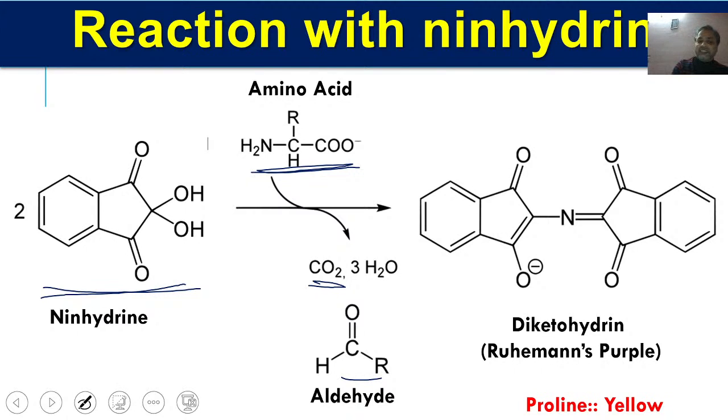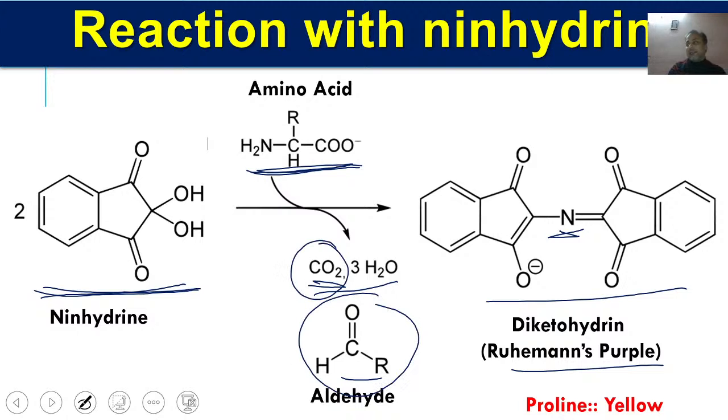Overall, this gives you Ruhemann's purple and ultimately forms carbon dioxide and aldehyde. And this color we are going to measure qualitatively as well as quantitatively. So whatever type of thing you want, you can measure it. Clear?